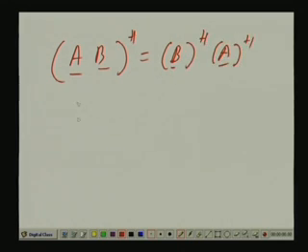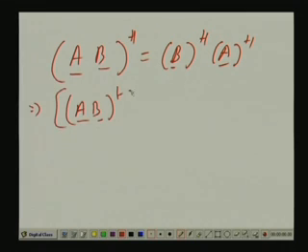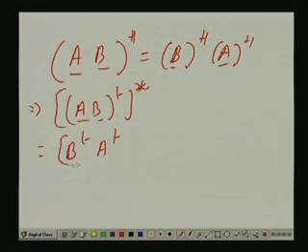This is not difficult to see. After all, (AB) Hermitian means you take AB transpose conjugate, and AB transpose is B transpose A transpose conjugate. Okay, and conjugate of a product means product of the conjugates. You have to take the conjugate on each of them, right.